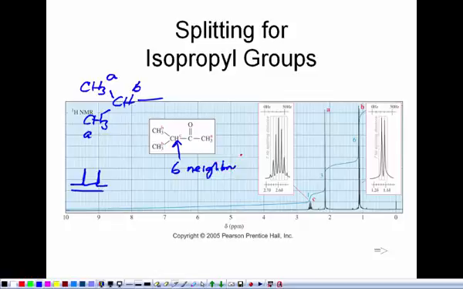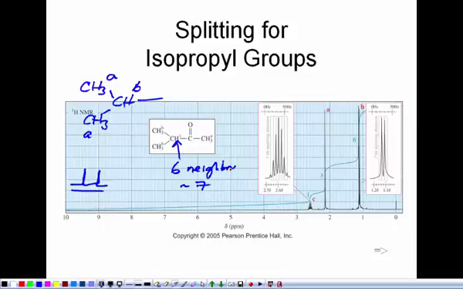Now, the n+1 rule can be used as an estimate of number of peaks once you get above 3 neighbors. So in this case, those 6 total neighbors, the 3 from here and 3 from here, that's going to give me roughly 7 peaks in my spectrum. And I'll explain exactly where those 7 peaks come from in a minute or two. Okay, so what you can see is that in this case, this peak labeled C is the CH, and it has a grand total of 1, 2, 3, 4, 5, 6, 7 peaks.